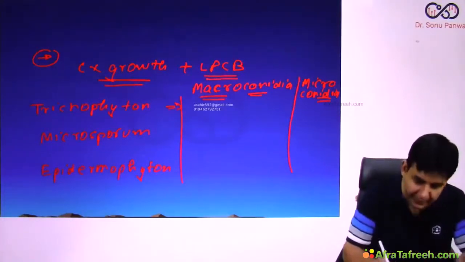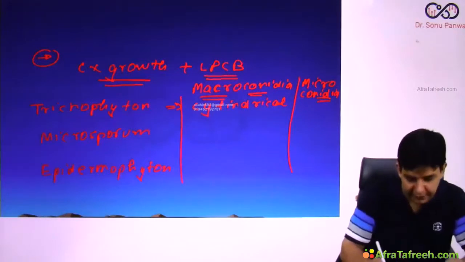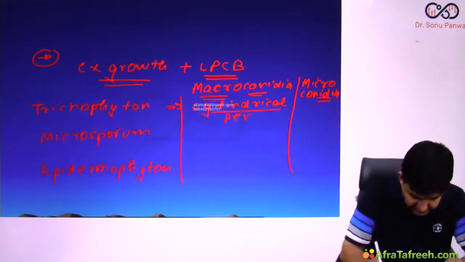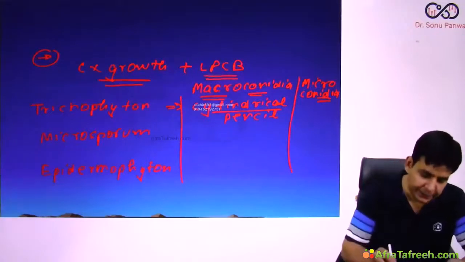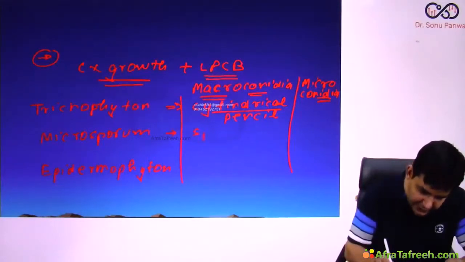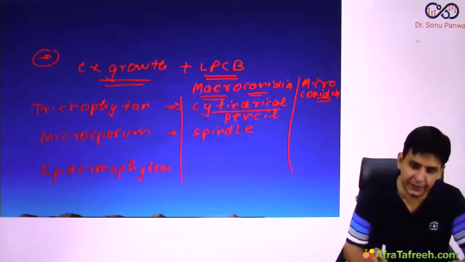Trichophyton, if you remember from the initial ones, has which particular shape? Cylindrical. And I've told you the other name of it, that is pencil. So one is cylindrical and one is pencil. Microsporum is spindle shape. So that also you need to remember.